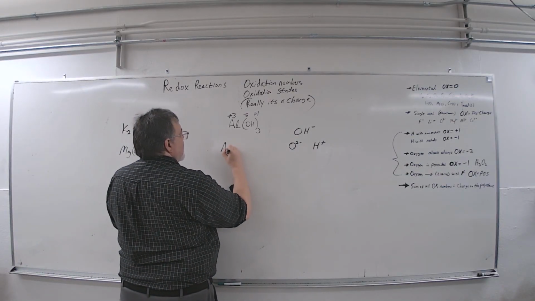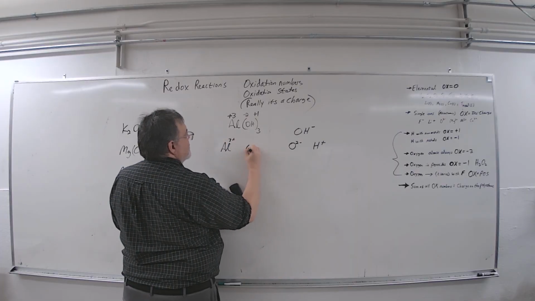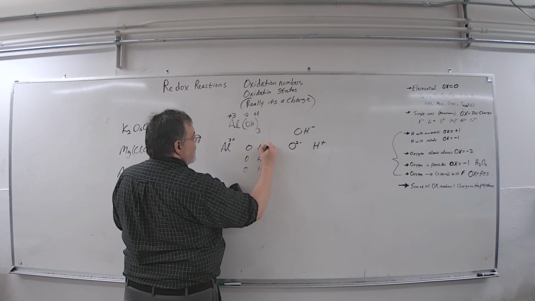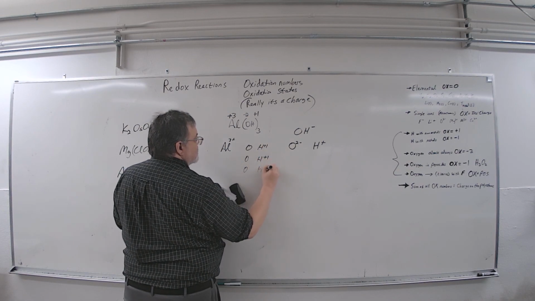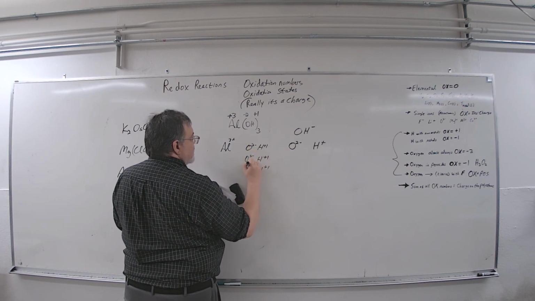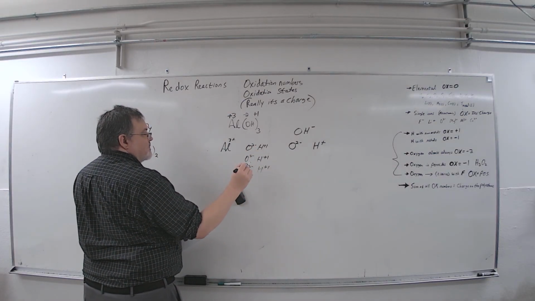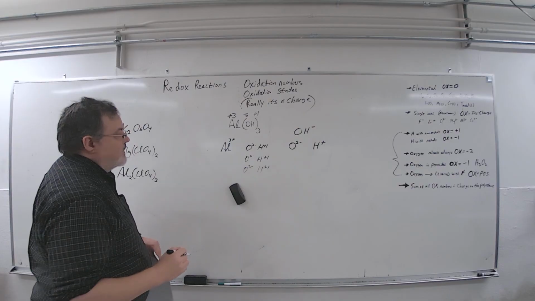You've got 1 Al, that's 3 plus. Plus 1, 2 minus, 2 minus, 2 minus. Plus 1, plus 1, plus 1, minus 2, minus 2, minus 2, plus 3 should equal 0.